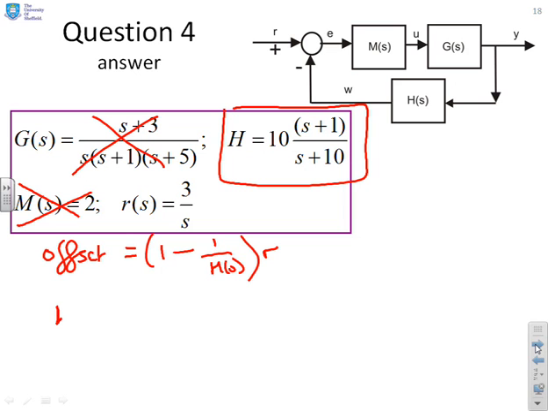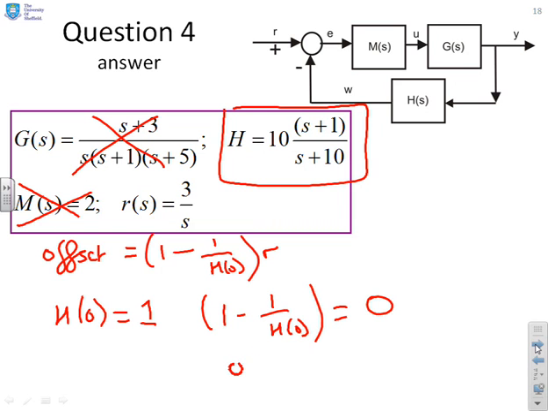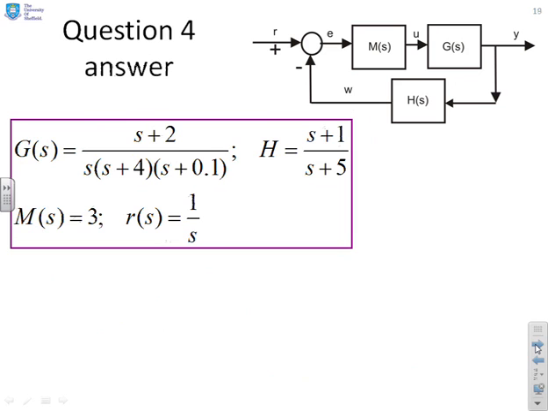Now here, H(0) equals 1, and therefore 1 - 1/H(0) equals 0, and therefore the offset equals 0. And that's what you'd like. You'd like to choose your sensor to have a steady state gain of 1 to avoid problems.